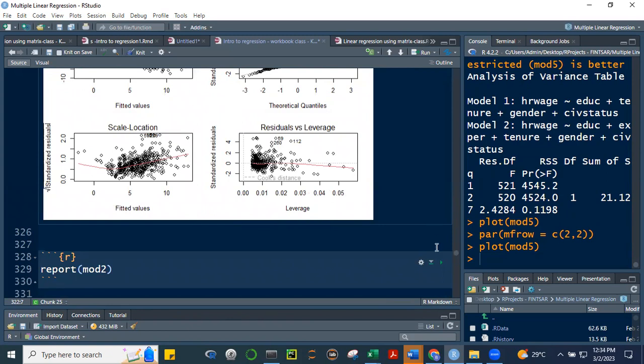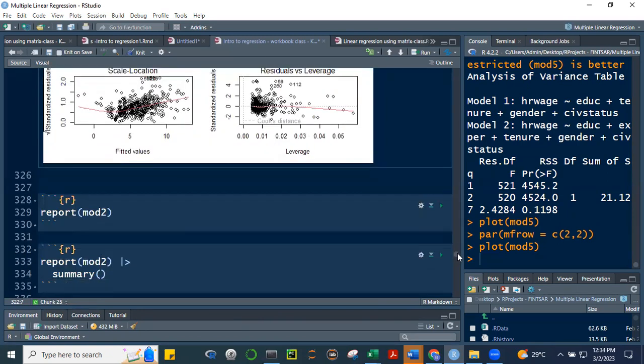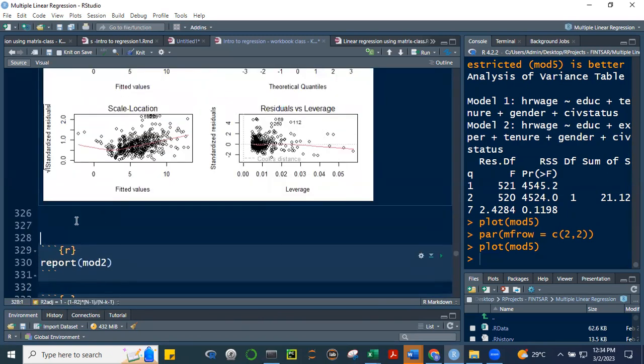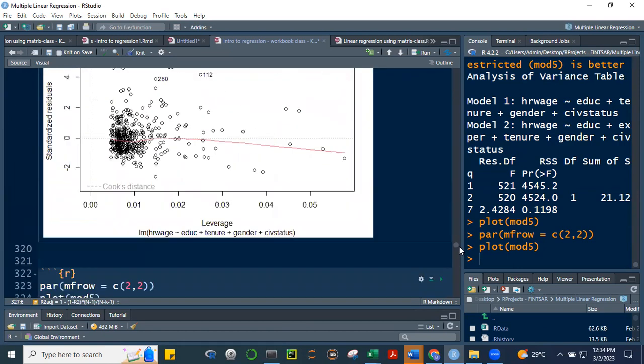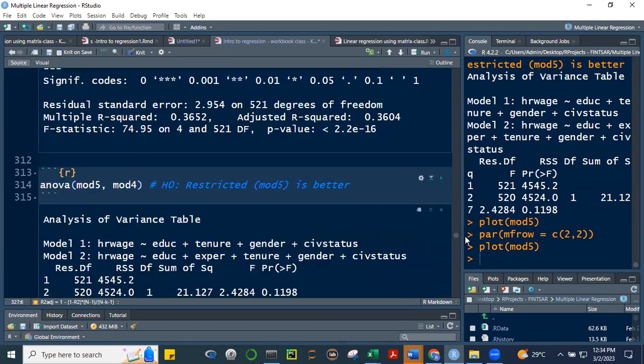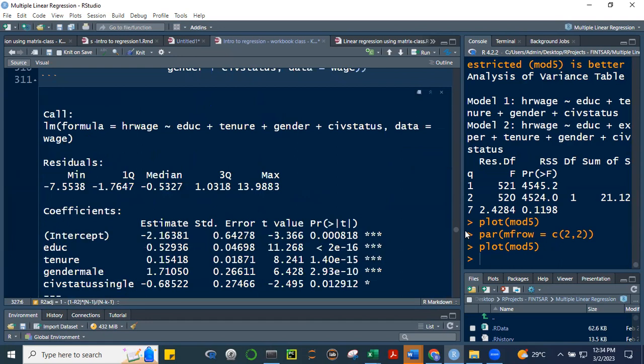Pero bago tayo pumunta dito sa diagnostics, pupunta muna tayo sa pakitingnan class yung isang package ang tawag OLSRR. Okay, because yung ginawa natin na one step at a time, yung stepwise regression natin, di ba? May isa-isa tayong variable. Paano kung maraming yan? Kunyari we have 20 regressors, di ba?